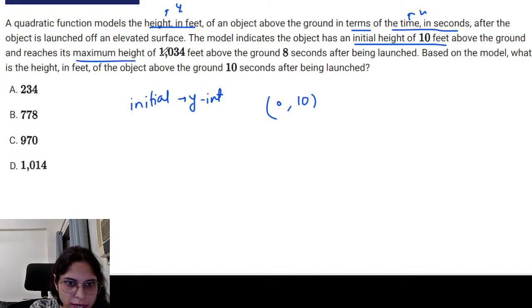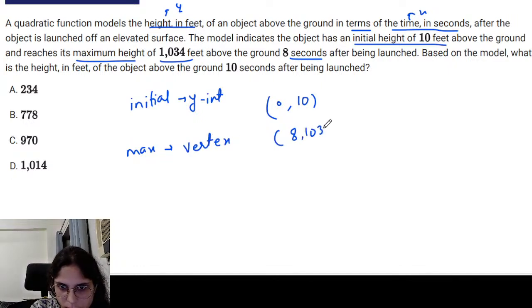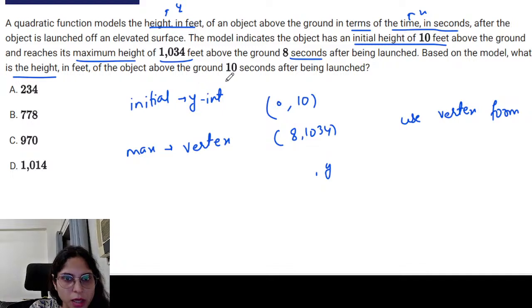Reaches a maximum height of 1034 feet above the ground 8 seconds after being launched. So maximum means vertex. So you have to use vertex form. Now based on model, what is the height? So you do not know the y value. Above the ground 10 seconds after being launched.